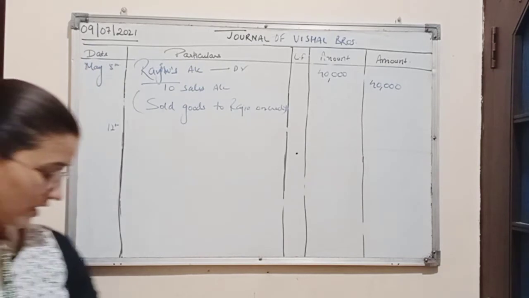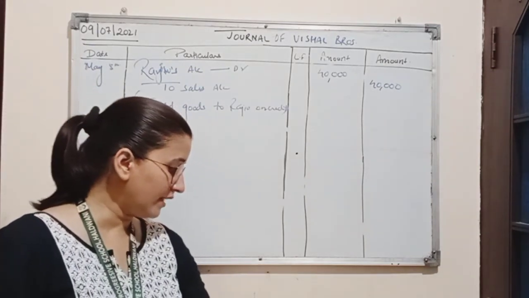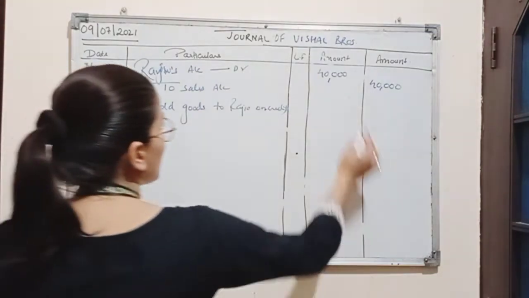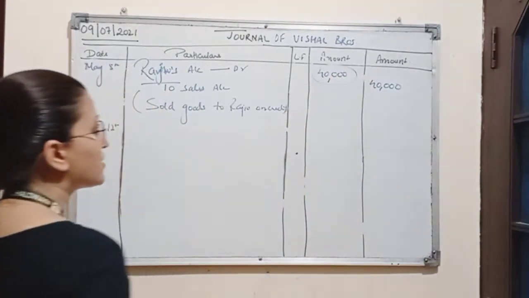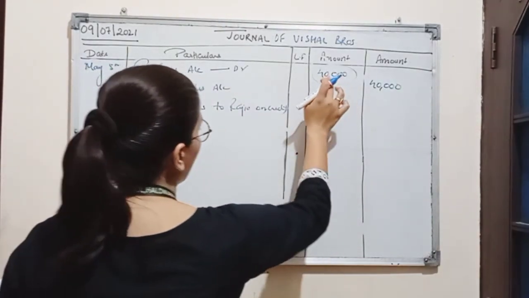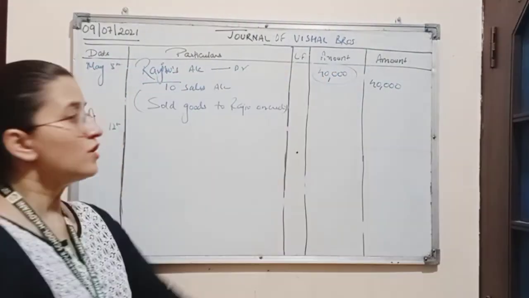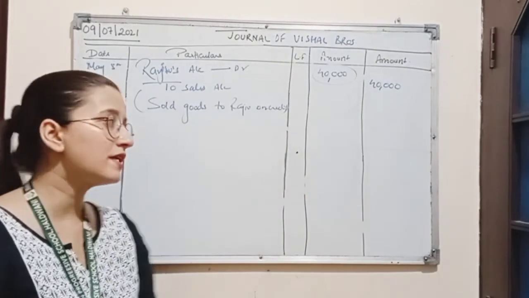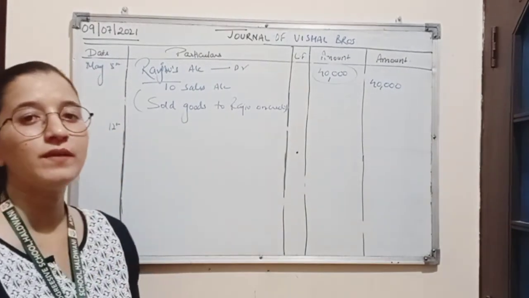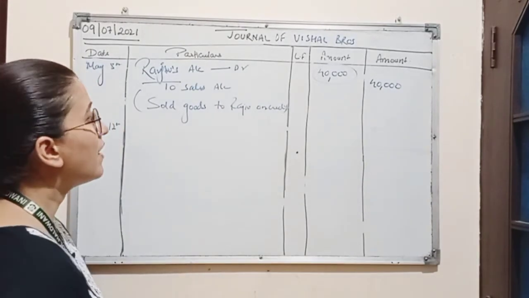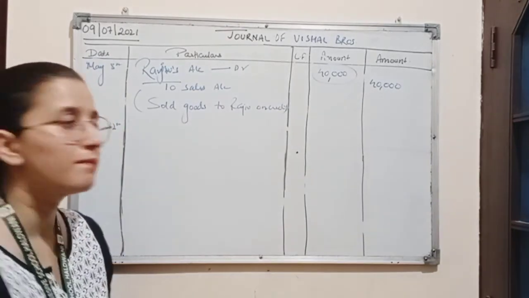Now the last transaction is on 12th May. And the transaction is Rajiv returned 10% of goods. So out of 40,000 goods which have been sold to Rajiv, Rajiv has returned 10% of these goods. So if sales is considered as an income, that means sales return will be considered as expense because we are receiving our goods back.